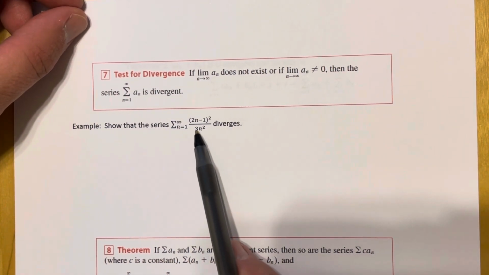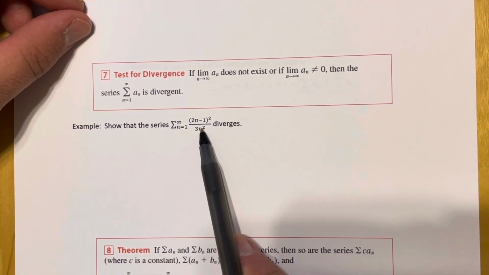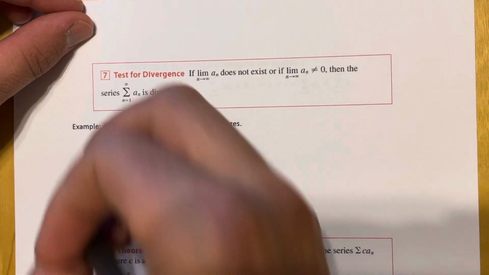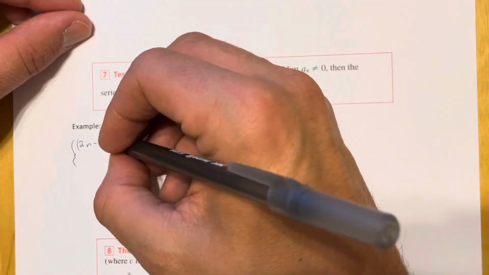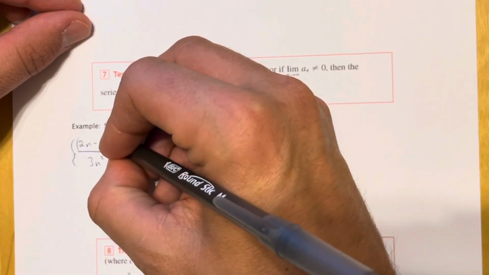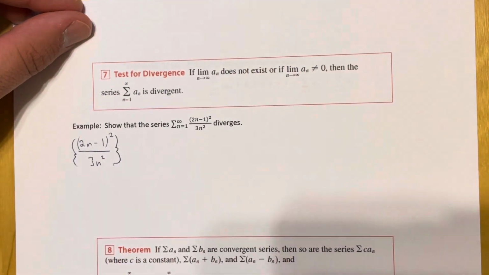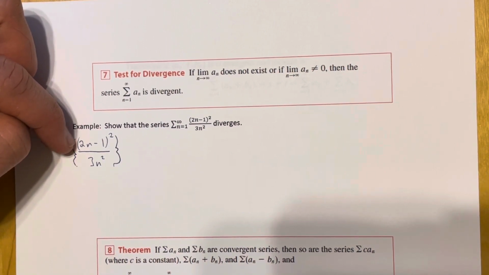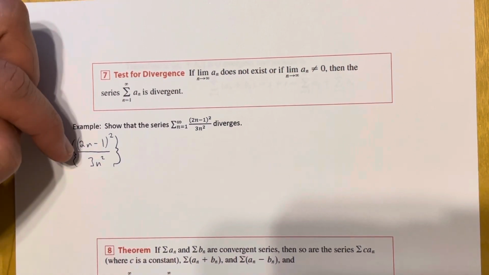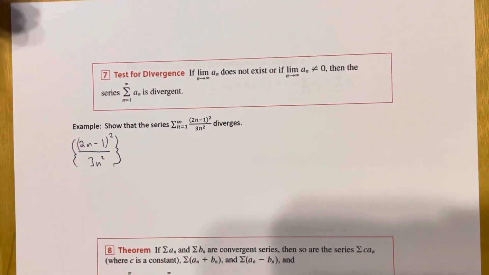So what I'm going to do is, instead of dealing with the series directly, I'm just going to look at its sequence of terms. We're looking specifically at this sequence right here, (2n minus 1) squared over 3n squared. If I take the limit as n goes to infinity, I want to show that I get something that's not 0.